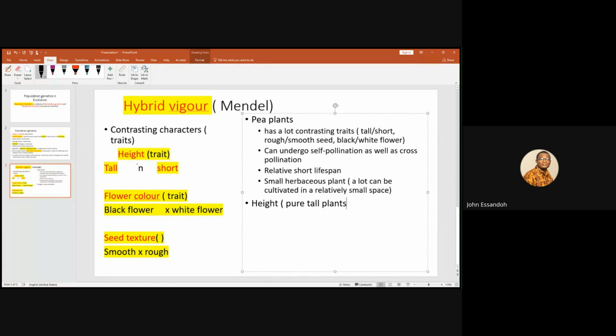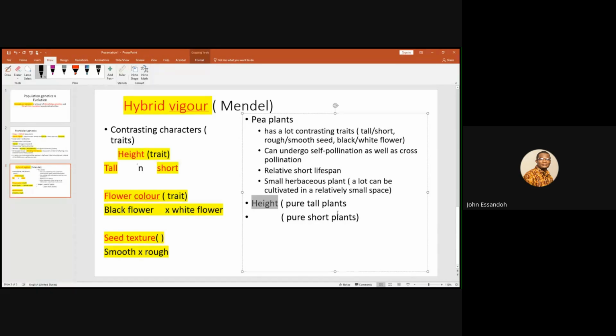And then you also ask for what? Pure short plant. You see what Mendel did? So in terms of height, you ask for what? Pure tall, pure short across Europe.